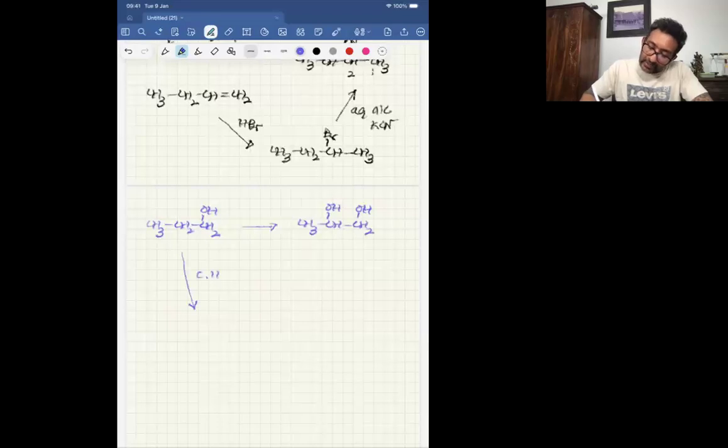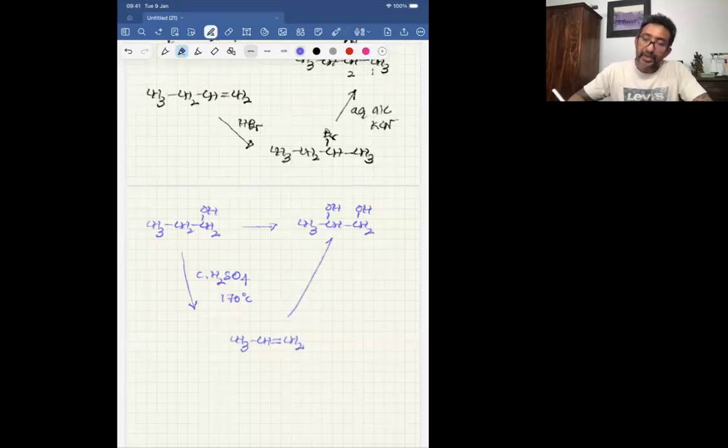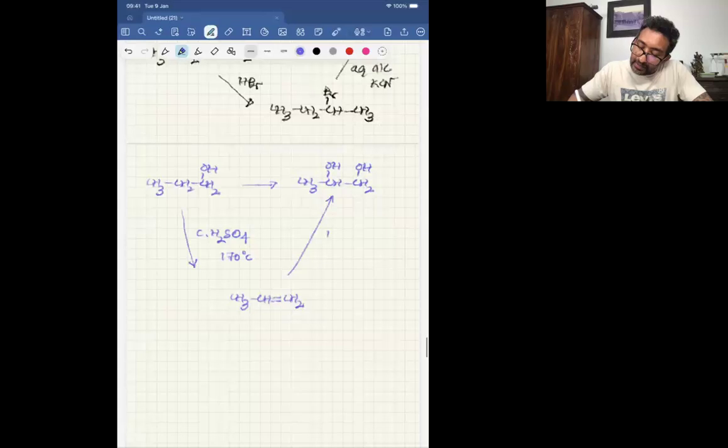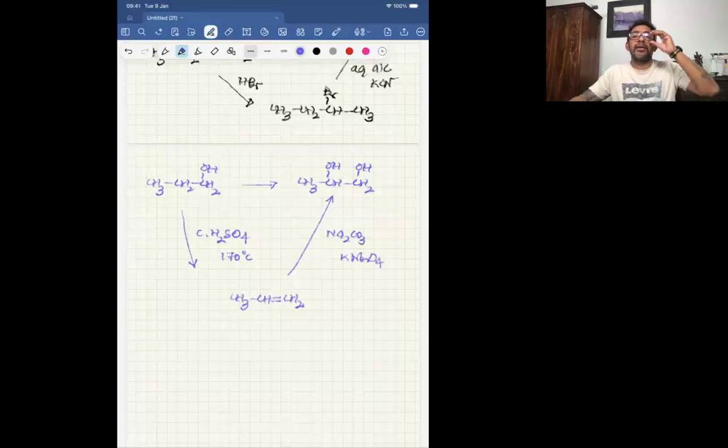Concentrated sulfuric, 170 degrees. And then you get CH3, CH, double bond CH2. And then basic potassium permanganate. Basic potassium permanganate, you make it basic by using sodium carbonate, KMnO4. Alkaline, cold alkaline potassium permanganate. That is what we write.